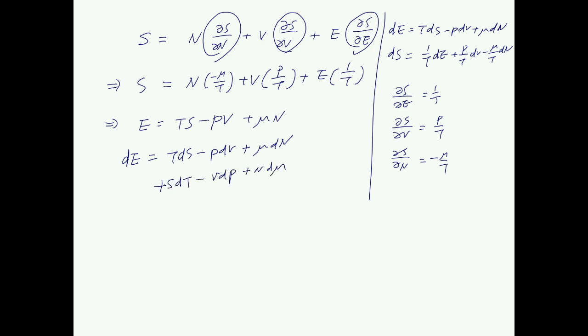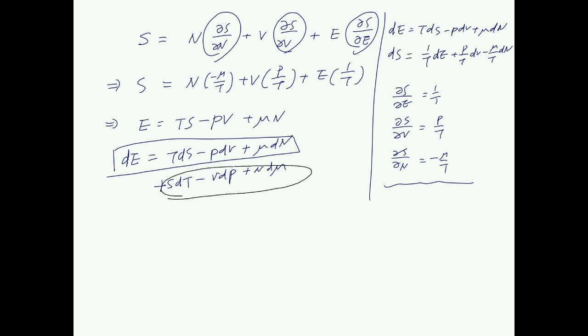But from our lovely energy conservation, I know dE is equal to TdS minus PdV plus mu dN. That means the sum of the other three terms must be 0. So 0 is SdT minus VdP plus N d mu.